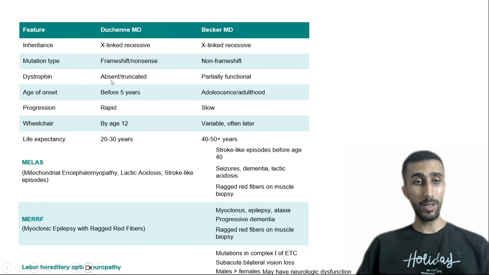So the dystrophin is either absent or truncated, and this is a very dangerous condition. The age of onset is less than 5 years. They will have rapid progression, and they are going to be wheelchair-bound by more or less 12 years of age, and they will have a life expectancy of 20 to 30 years. This is a very bad problem.